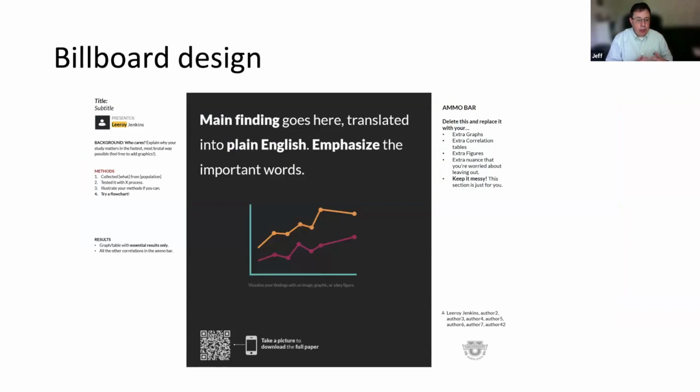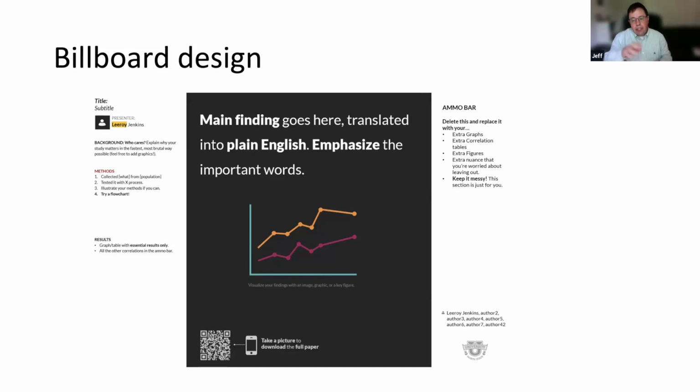So he refers to his design as a billboard design, and it's set up something like this, where you put the main finding in the middle, along with maybe a graph or some sort of figure that helps summarize the information or communicate a main point.